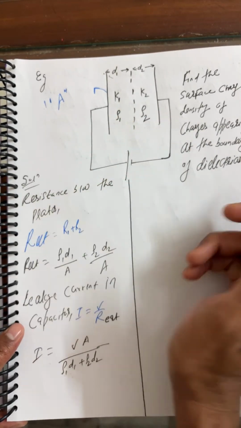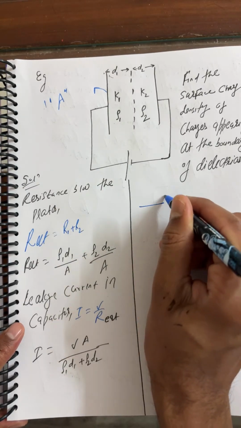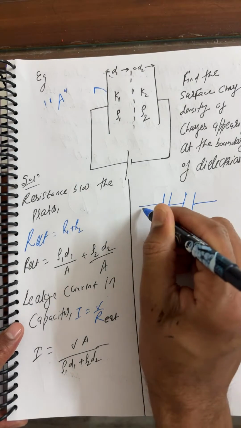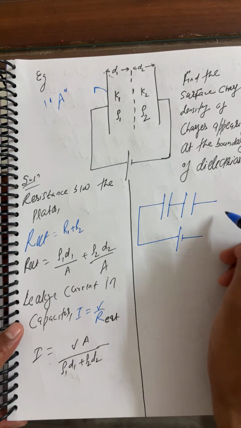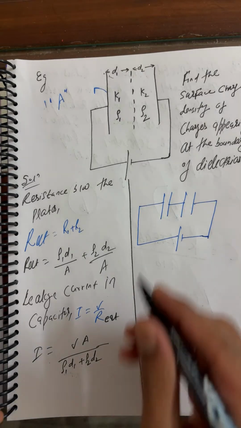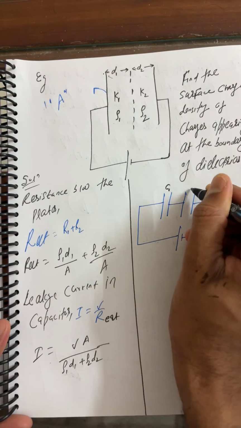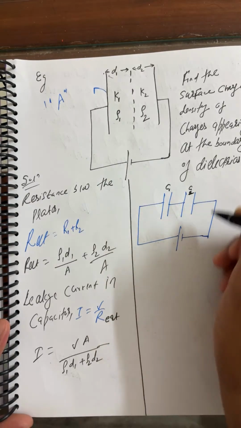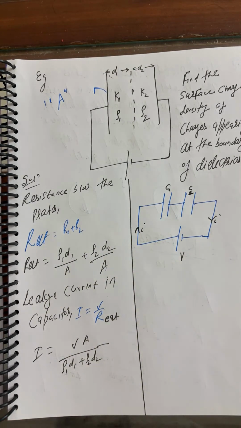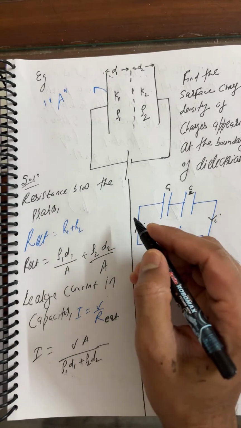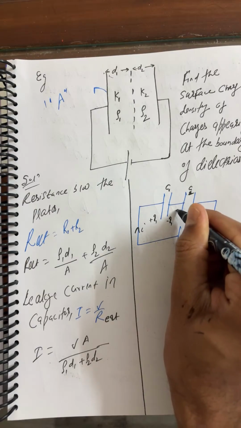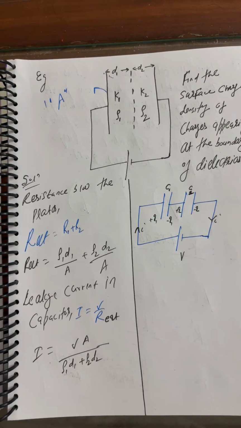The entire setup is connected through a battery, which is V, and this is the current I. For C1 you can write plus Q1 minus Q1, and for C2 plus Q and minus Q.